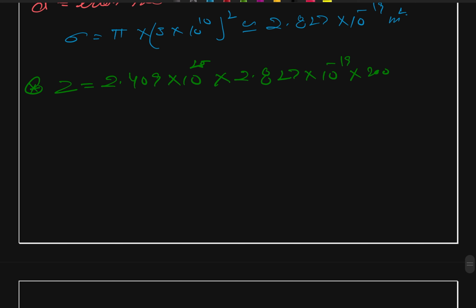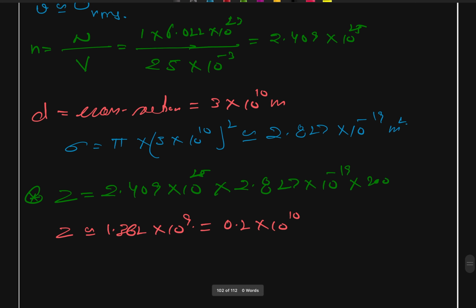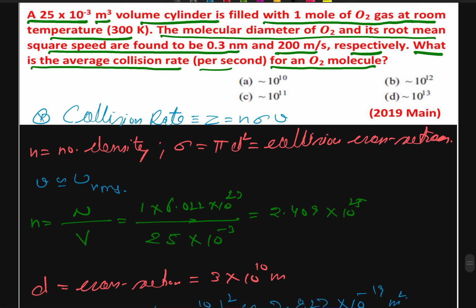So we get that our Z is approximately equal to 1.362 into 10 to the power 9. Or we can say this will be 0.2 into 10 to the power 10. So approximately 10 to the power 10, option A is correct.